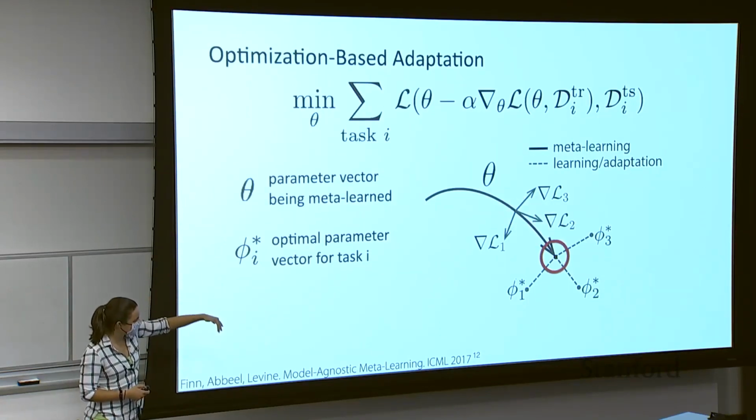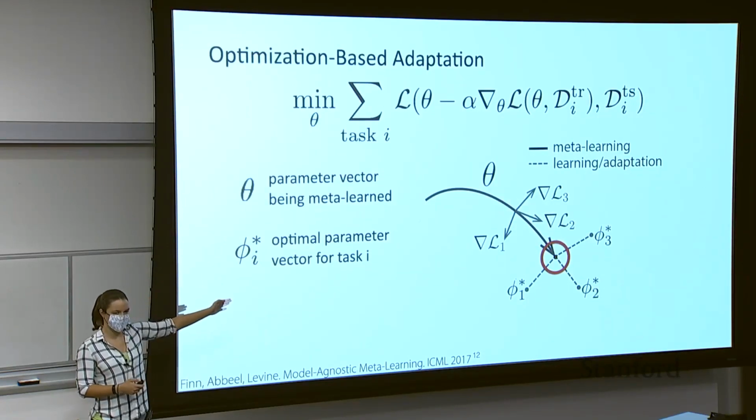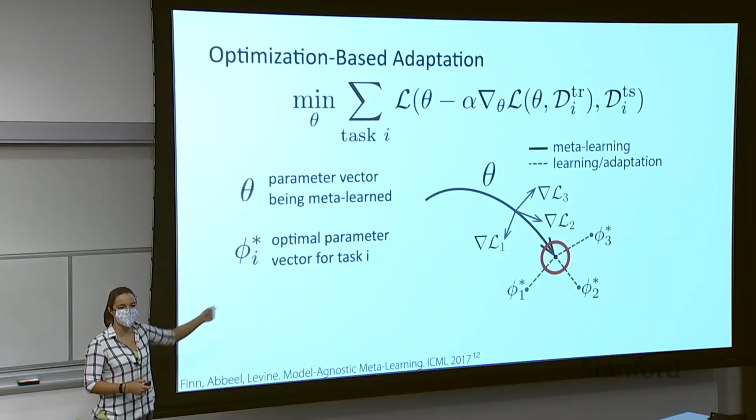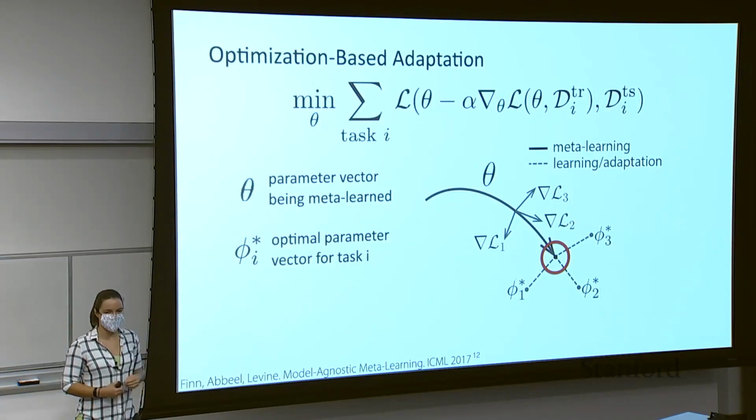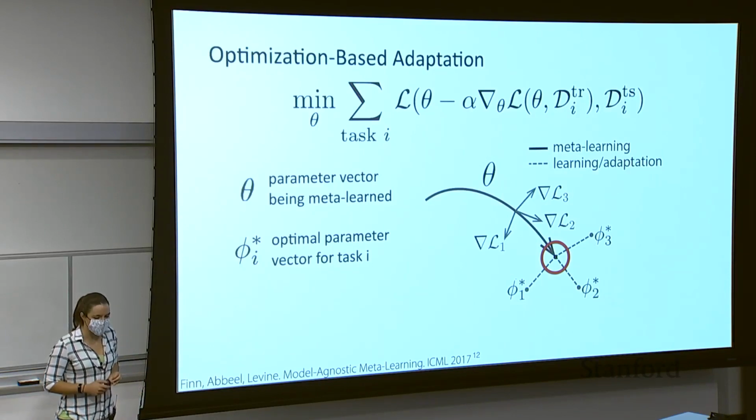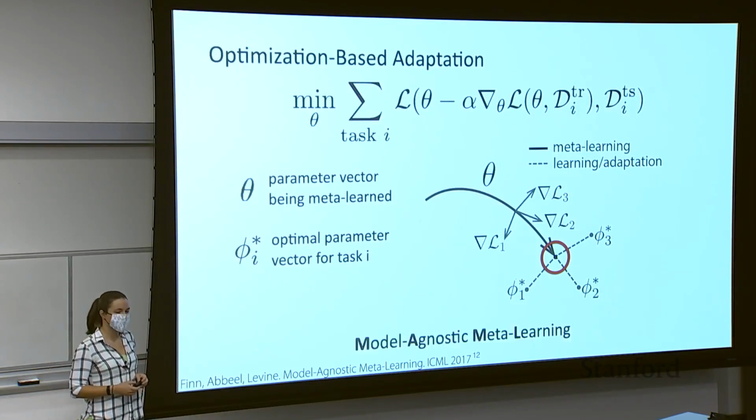Whereas at the end of the meta-training process, if you take a gradient step with respect to task 3, you want to be very close to the optimum for task 3, even if that gradient step is with respect to a tiny data set. This particular procedure is referred to as model-agnostic meta-learning, in the sense that it is agnostic to the model that you're using, as long as that model is amenable to gradient descent-based optimization.